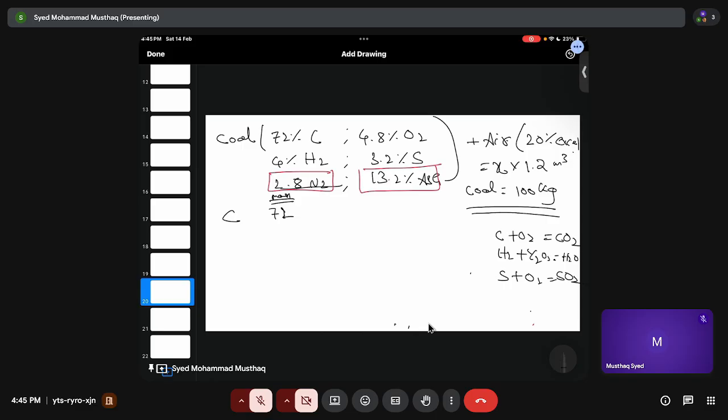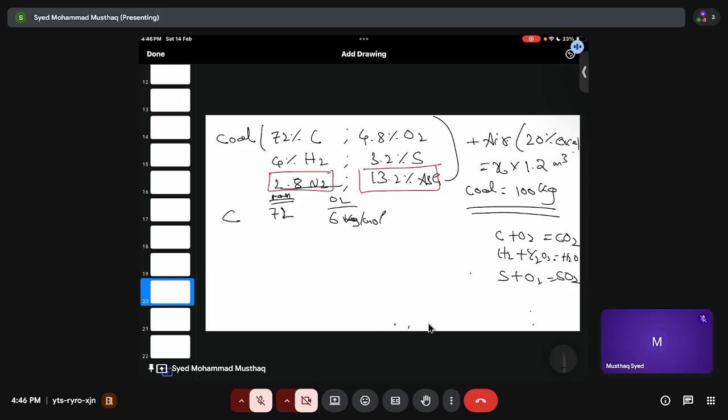Now 12 grams, right? 6 moles. So 6 moles of carbon requires 6 kmol of oxygen, right? So oxygen required is 6 kmol.